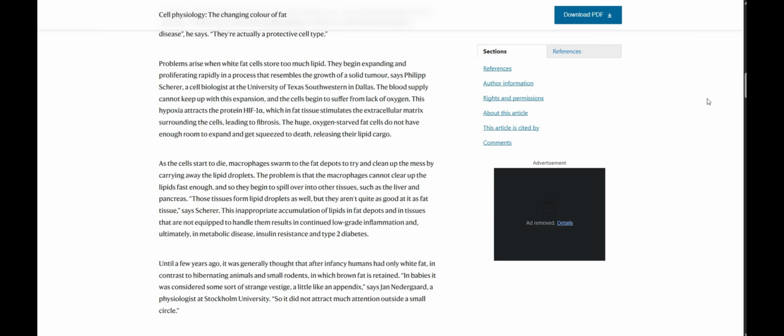This hypoxia attracts the protein HIF-1 alpha, which I believe is hypoxia-inducible factor 1 alpha, which in fat cells stimulates the extracellular matrix surrounding the cells, leading to fibrosis. The huge oxygen-starved fat cells do not have enough room to expand and get squeezed to death, releasing their lipid cargo. So first thing to note is this is likely talking about an experiment in cell culture.